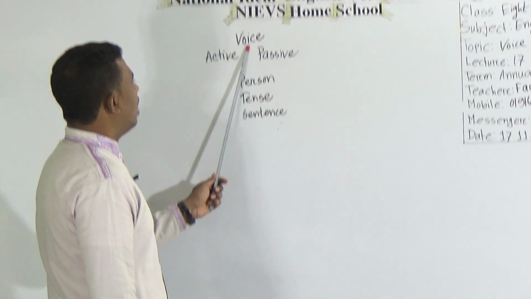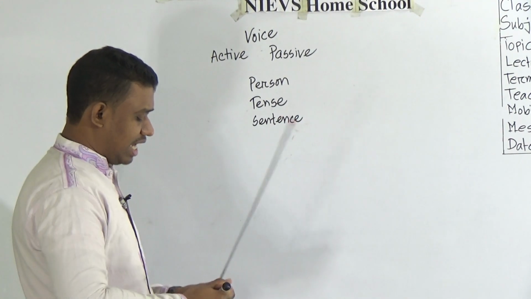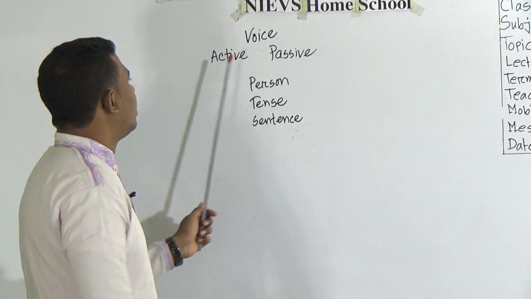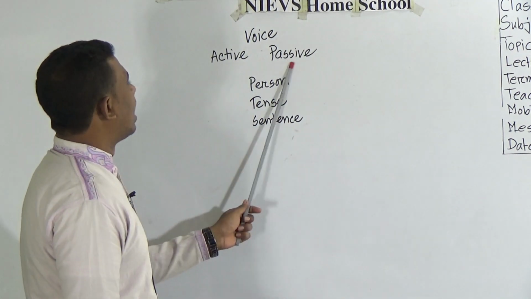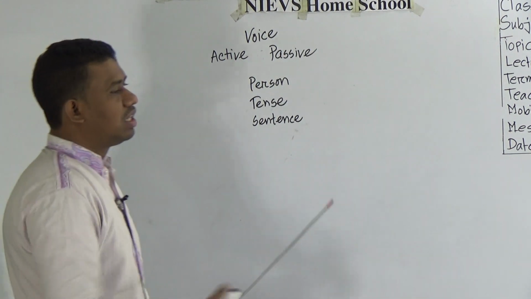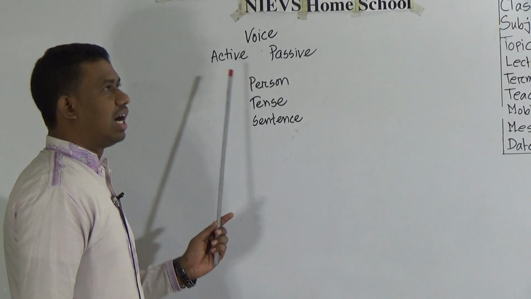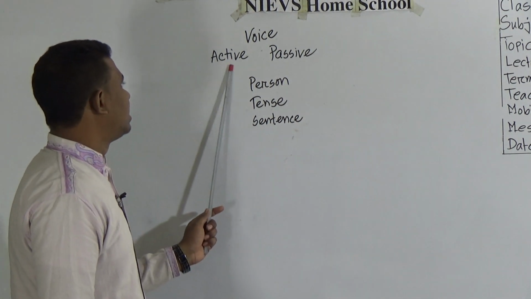Voice is basically the speech, what I said, that is a voice. Voice is of two kinds. One is active and another is passive. Active means if I say to you, go and bring a glass of water, that is active.